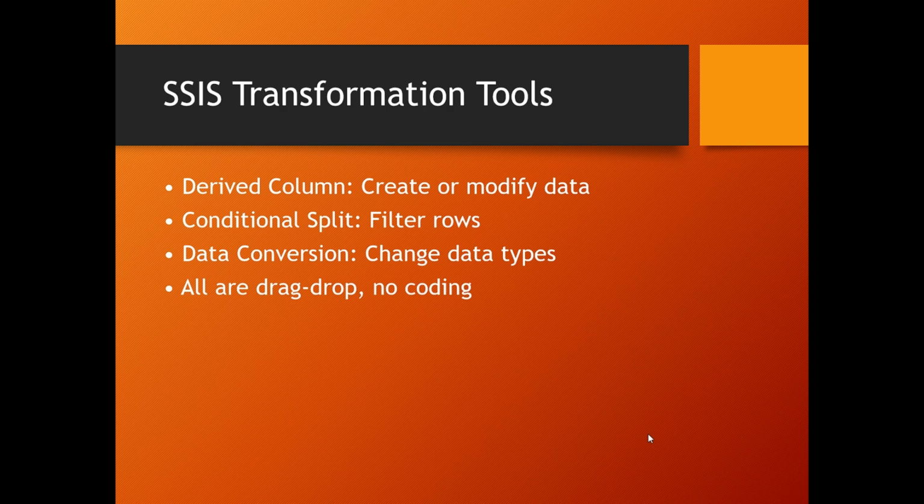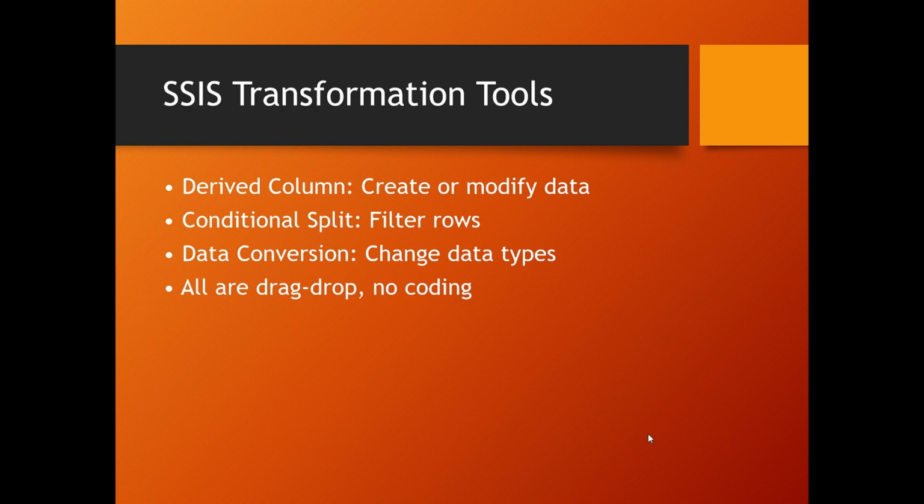Then we use data conversion to change the data type if needed, because sometimes we face data conversion issues while moving data from one source to another destination. These are the three main important tools we are using in today's video. These are visual components in SSIS, so no programming is required.